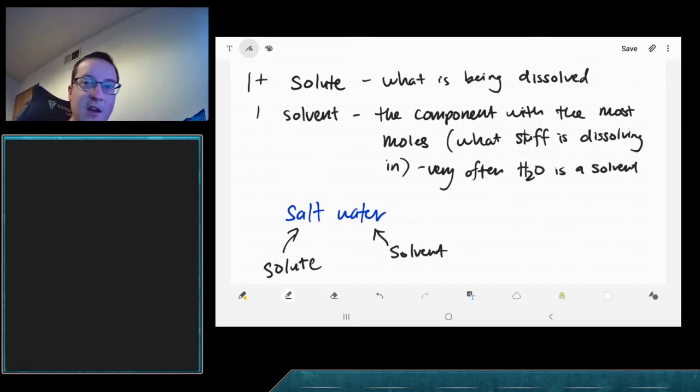We can totally have multiple solutes, does not matter. You can have hundreds of solutes. For example, your blood plasma has all these different proteins in it. It's got salt, a little bit of potassium, a little bit of calcium, various other ions, as well as many different proteins and glucose and hormones and all this other stuff. So you can have tons of solutes, but only one solvent.